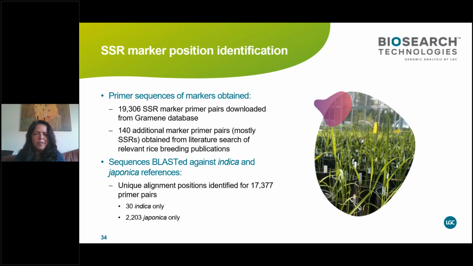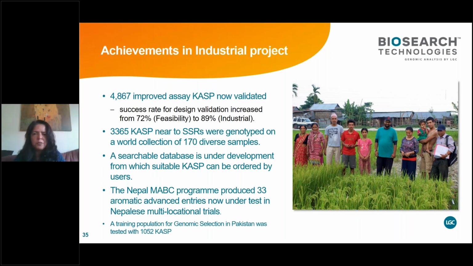So through the industrial phase project, we were able to identify nearly 5,000 markers which had been validated across 170 diverse varieties. And all of this information will be available through LGC's database, which is currently being developed and will be available through our website.